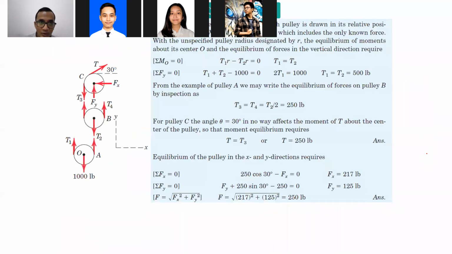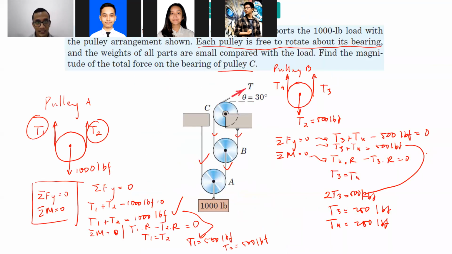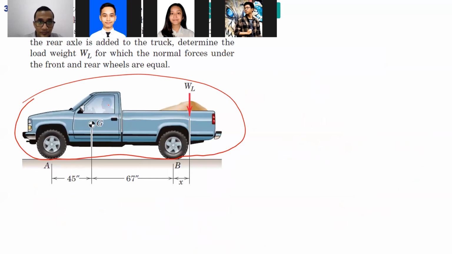So remember when we talk about the pulley, the free body diagram, the system that we draw is just the pulley. That's why all the tension force there will become external force. For the truck, we draw the free body diagram of the truck, and the normal force from the wheel, the weight of the truck and the weight of the load will become the external force.